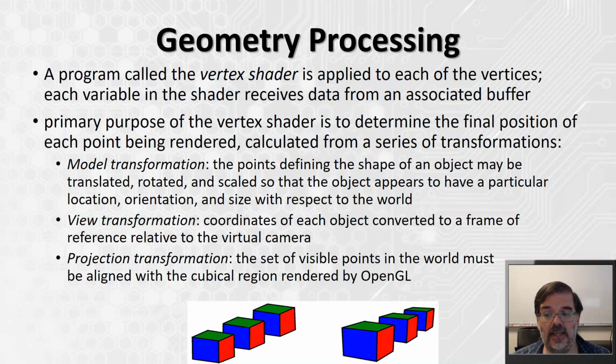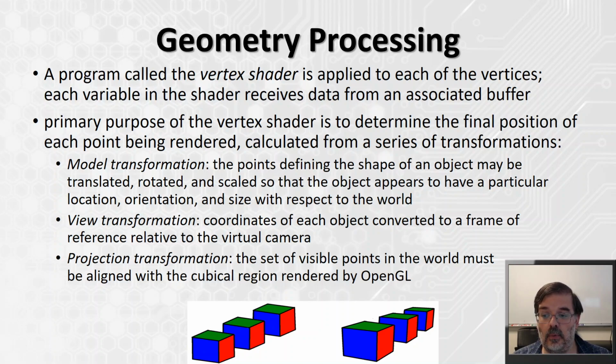In addition, there may be a virtual camera with its own position and orientation in the virtual world. And so if you want to render the world from this camera's point of view, the coordinates of each object must be converted to a frame of reference relative to the camera itself. This process is called the view transformation. Coordinates expressed from this frame of reference are said to be in view space, or camera space, or eye space.